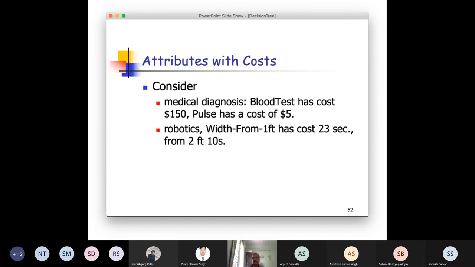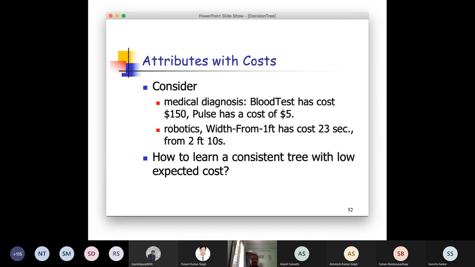You have different kinds of tests. One kind of test will cost, say, 150 rupees, another costs 5 rupees simply, like pulse checking versus a blood test. If you can do most of the tasks using pulse checking, we may prefer that. But in your model, you have to select one of them.